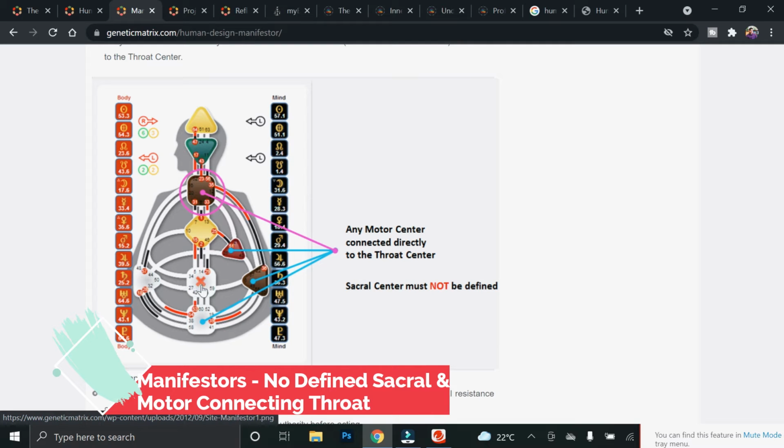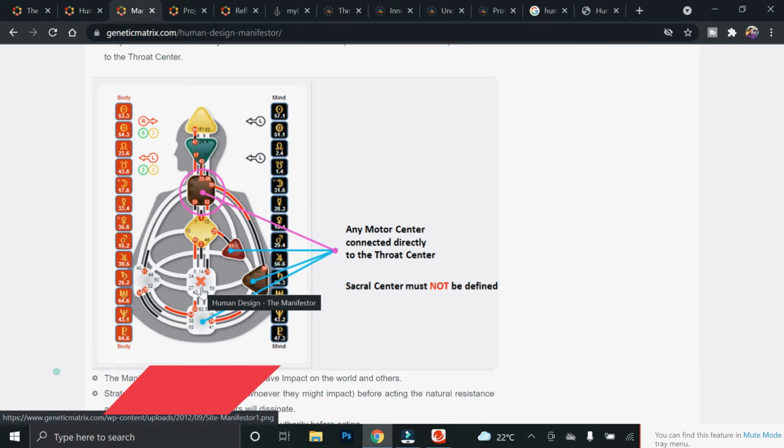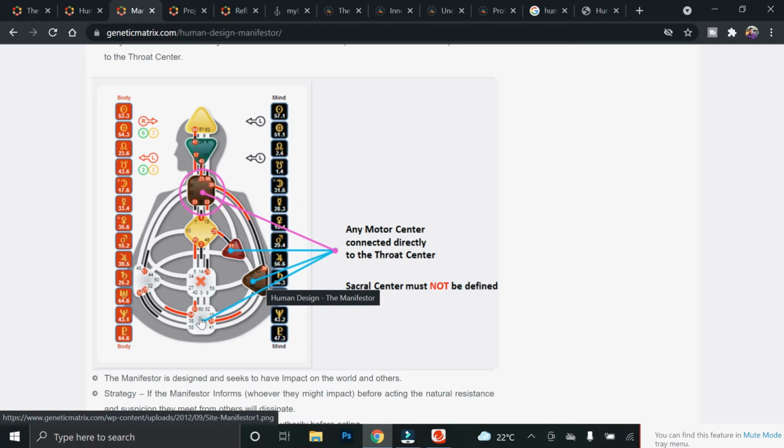To summarize, the two distinguishing characteristics of a manifestor are that they don't have a defined sacral, and that they do have a motor connection to the throat. Either the heart, the solar plexus or the root will be connected to the throat. It's never going to be the sacral, because if it's connected to the sacral, that would make it an MG straight away, a manifesting generator.